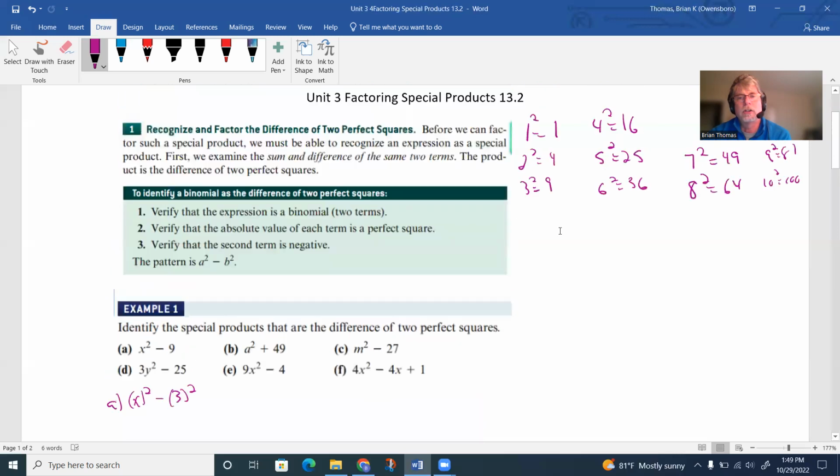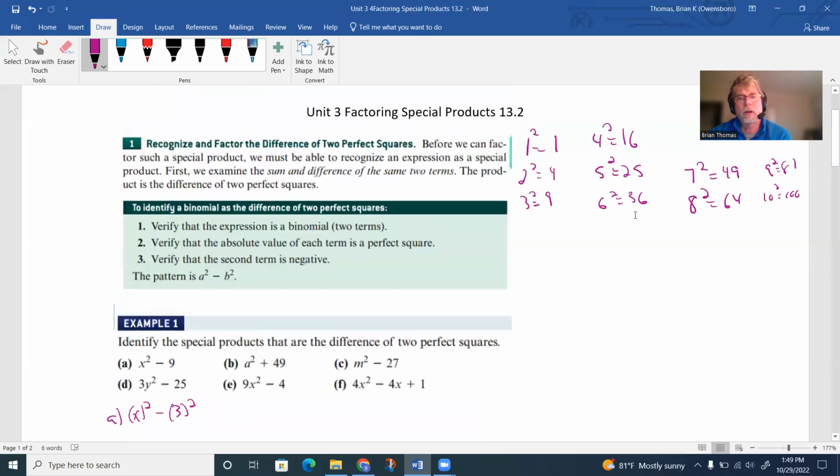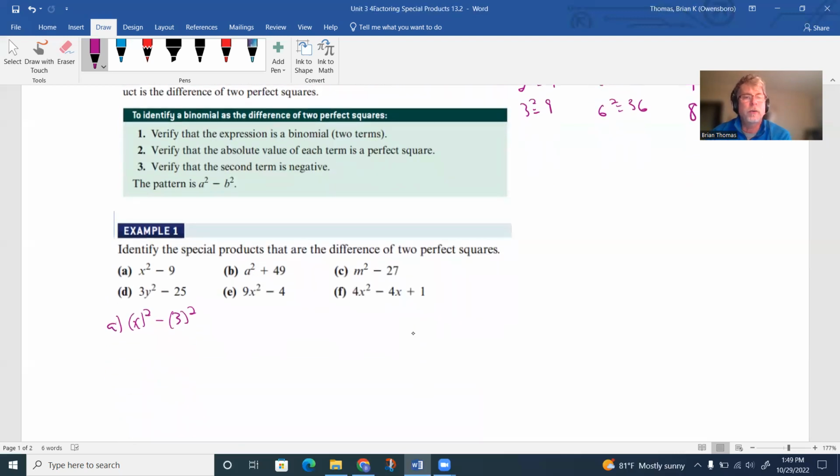But 27 is not a perfect square. There's nothing, not a whole number, if you will, that I can square to give me 27, because we know that 5 squared is 25 and 6 squared is 36. So 27 is not a perfect square. B is a no, and C would be a no as well.